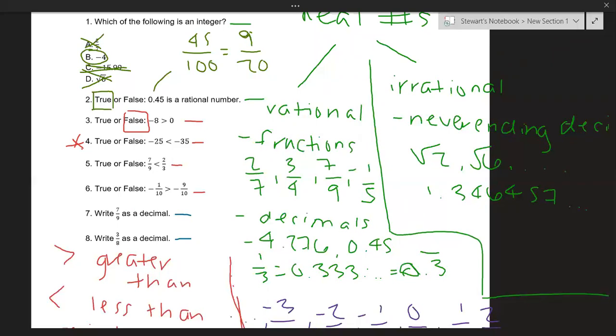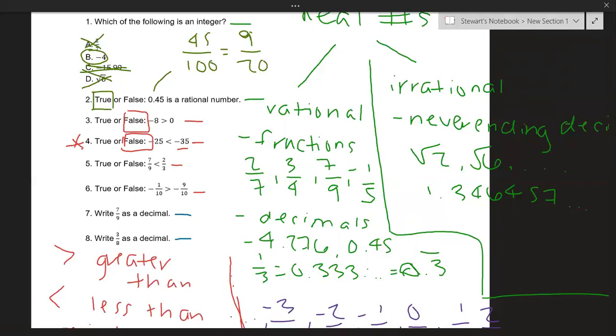Although positive 35 is larger than positive 25, -35 is further away from 0. It comes before -25. It's further away from 0. So -35 is actually smaller. This one is the smaller number, so this would be false.